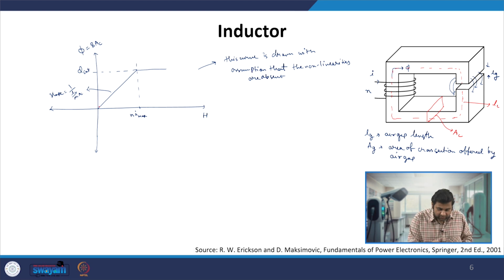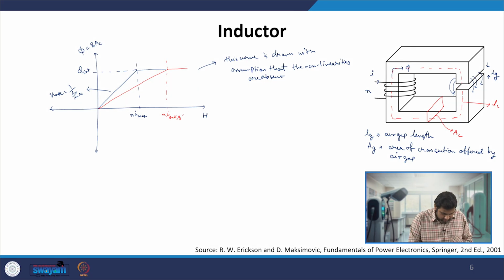Now when we introduce the air gap, what happens is that it will take a good amount of time to reach saturation, and this value is nothing but N I sat with air gap.